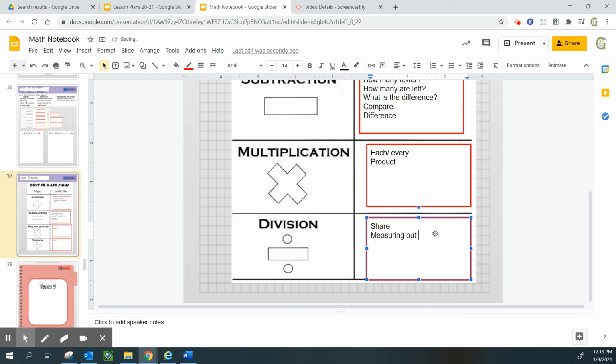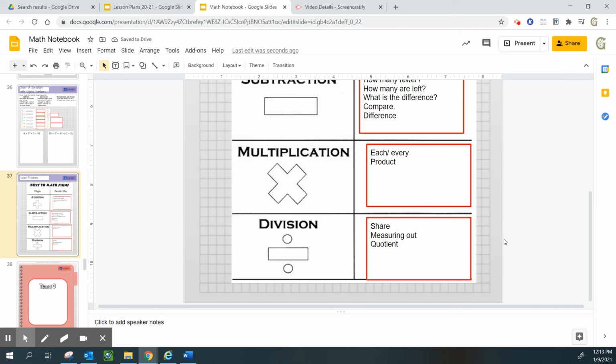This is like if you imagine dealing cards where you say one for you, one for you, one for you, and figure it out there. So those kinds of situations are division ones too. And then the fancy division word for your answer is quotient. So that's another idea that's going to tell you that it's division.